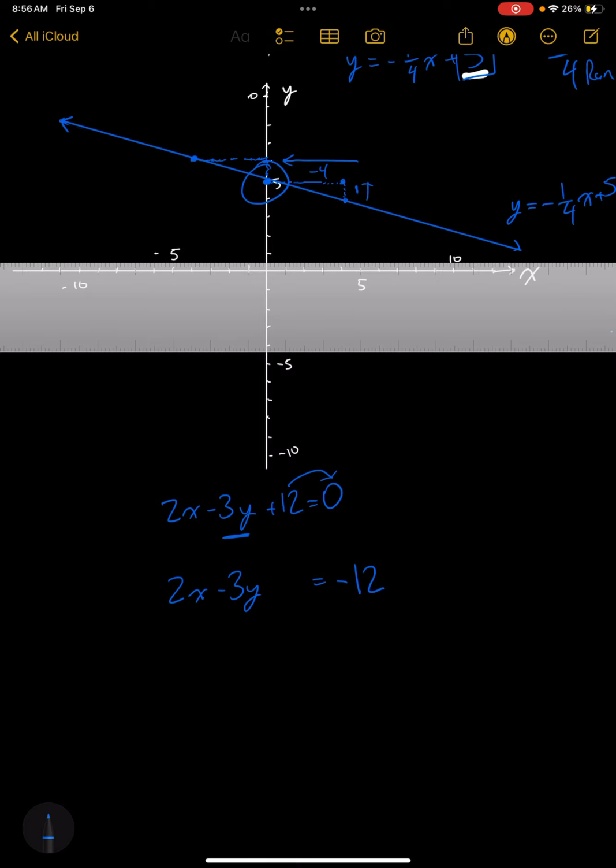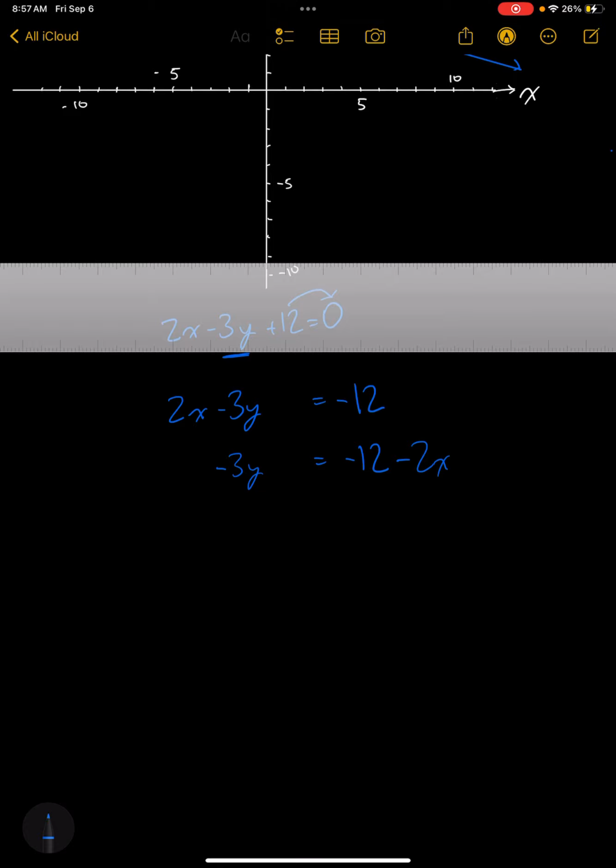Next, we have to take away this 2x term, so we subtract 2x. So we're left with minus 3y equals minus 12. Take away the 2x from here, it disappears, and we take away 2x from the other side.